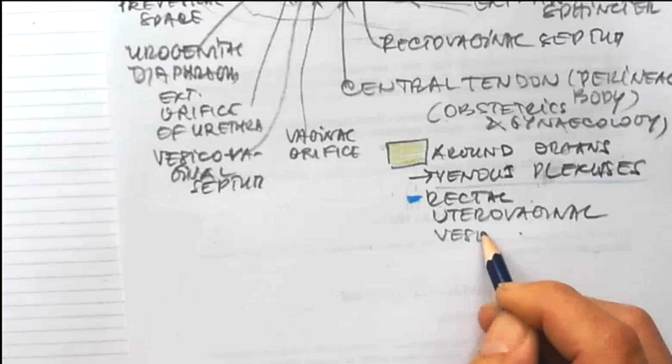But these also form the interconnections with the external and internal vertebral venous plexuses, and these plexuses and the interconnections form the direct channels for the spread of infection.